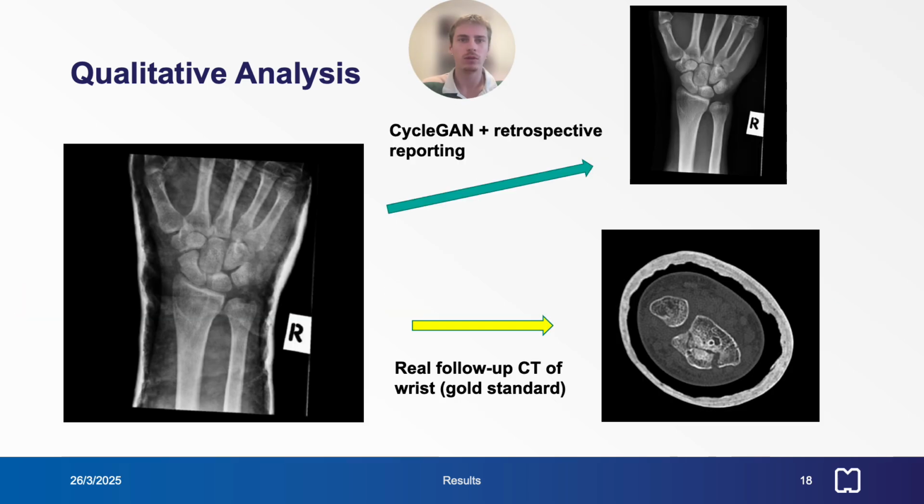So to take that experiment a bit further, where available, which was in 10 cases, the reports from follow-up CT imaging were compared with those produced by radiologists reading the AI-generated images. And every report, except 2, provided identical diagnoses as those associated with the follow-up imaging.